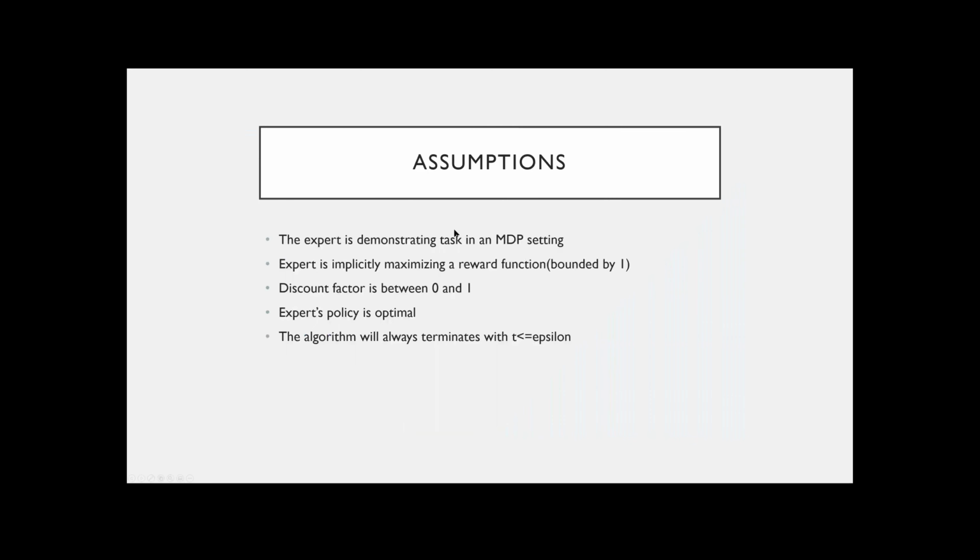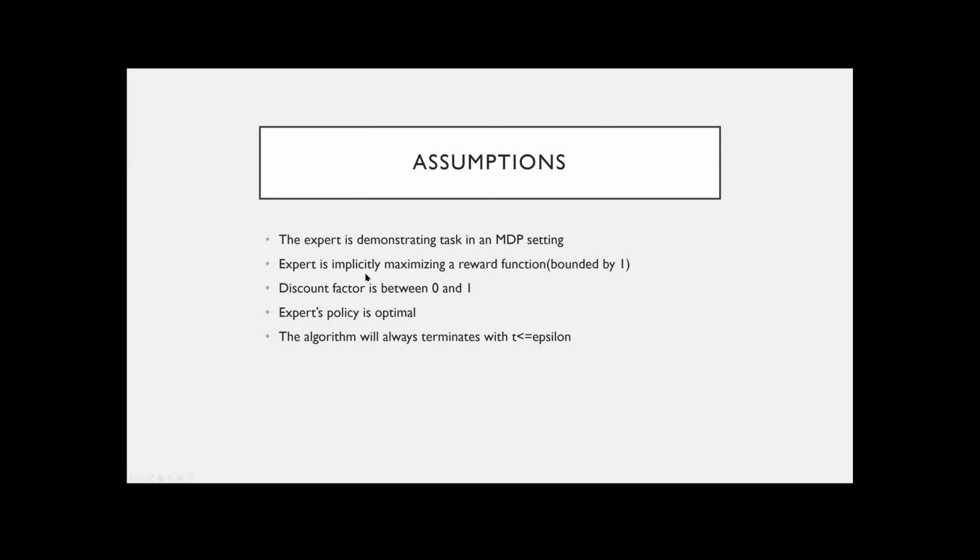Now I'm making some assumptions here, and the first assumption is that the expert is demonstrating the task in an MDP setting, and MDP stands for Markov decision process. That means I can calculate the next state and the reward by only observing the current state and the current action.